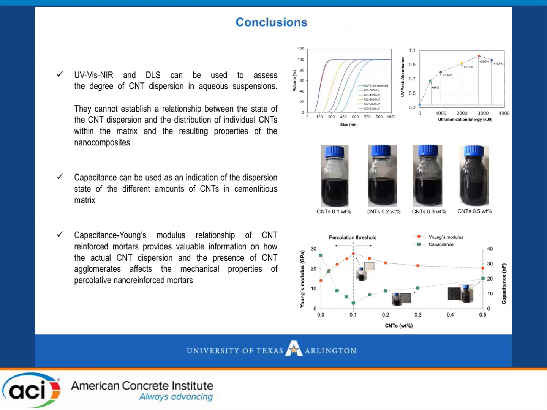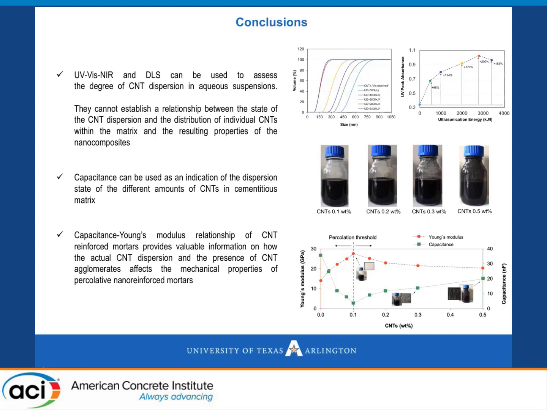We can use all the spectroscopic techniques like UV-Vis, DLS and zeta potential to assess the degree of CNT dispersion in aqueous suspensions. However, these techniques cannot really establish a relationship between the state of CNT dispersions and the distribution of individual CNTs within the matrix. Therefore, we cannot have a correlation with the resulting properties of the cementitious nanocomposites.